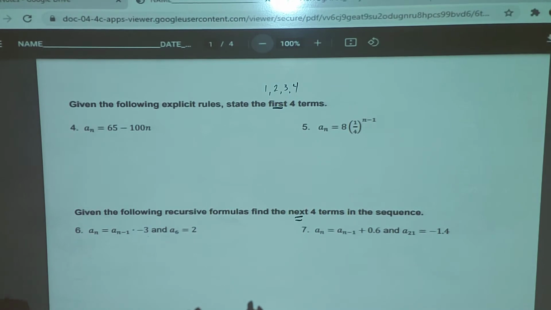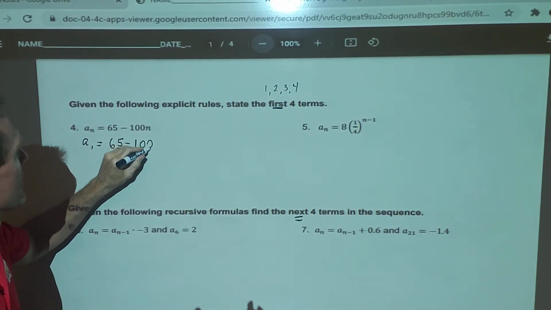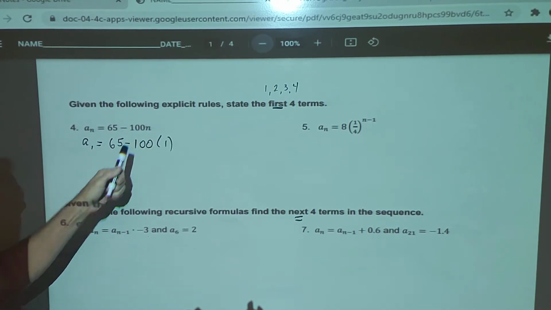So a sub n equals 65 minus 100 times n. So we're going to follow that rule for the first term. So if our variable is 1 for the first term, we are plugging that in for this n.